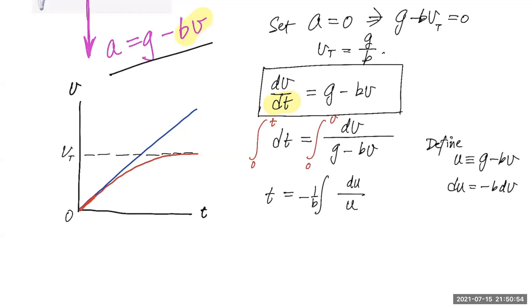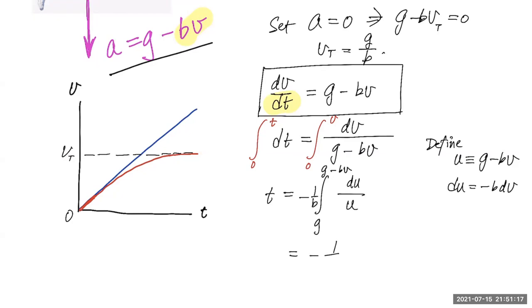The upper and lower limits also change. The lower limit is 0 for v, but for u it is g minus b times 0, so it's just g. The upper limit is v for v, but for u it is g minus bv. So we can easily integrate the right hand side now.